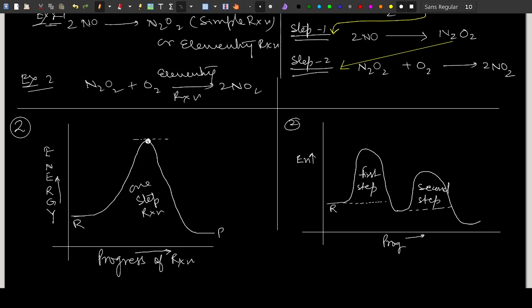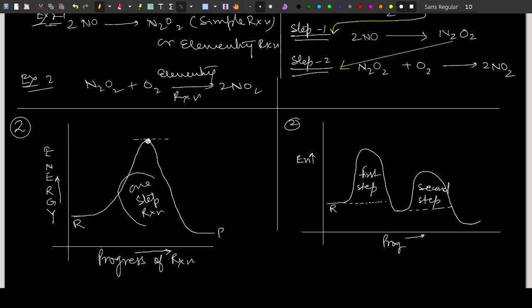Don't worry, we will discuss these graphs in detail in this chapter under the collision theory of reaction. This is just to give you an introduction to complex and simple or elementary reactions.